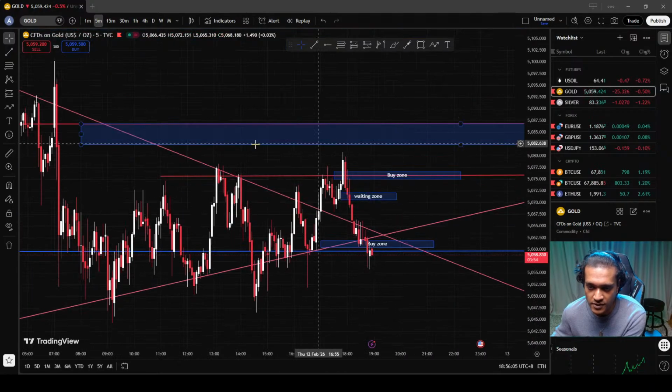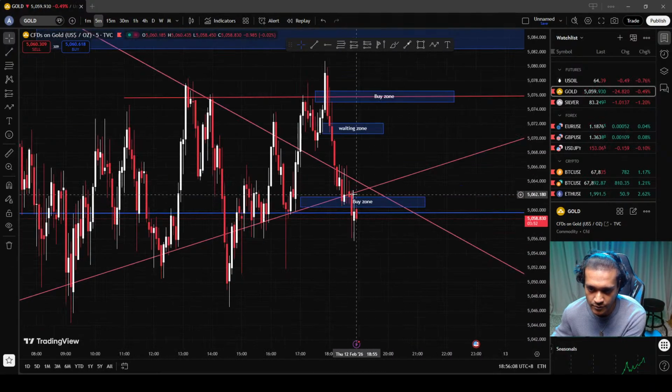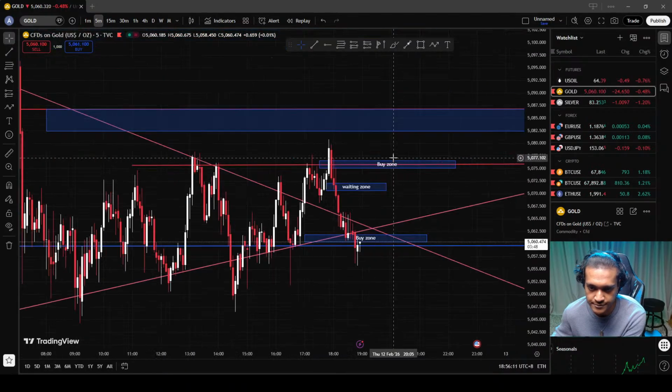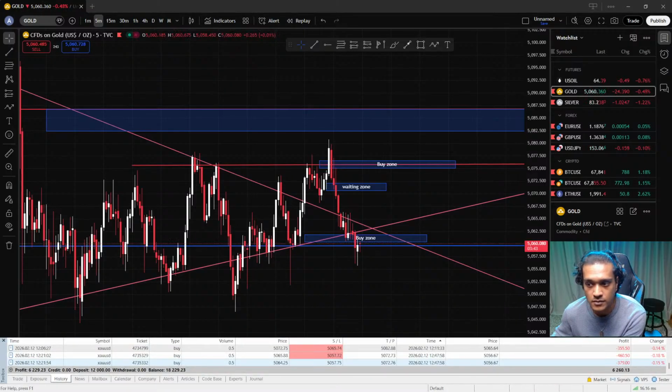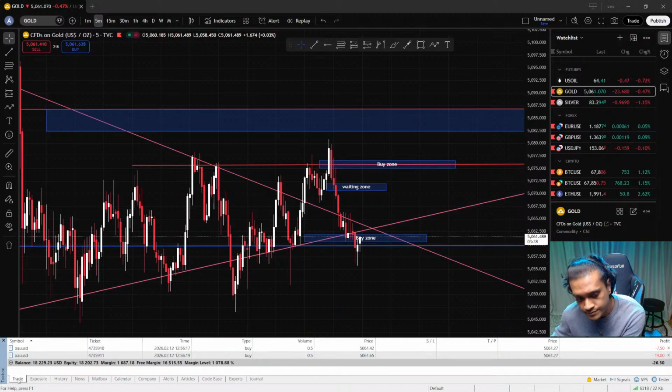If the price comes back to our buy zone, this consolidation, we're gonna take our entry again at this buy zone. Should long.